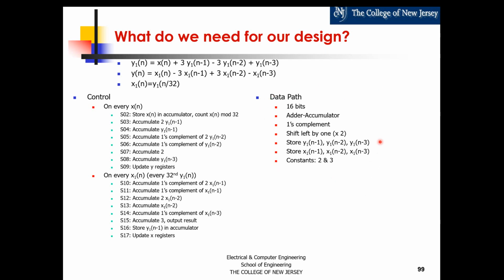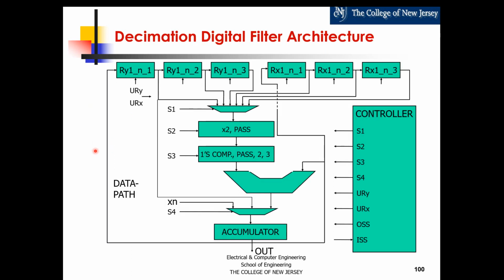So when I put that together and I understand the sequence and the data flow as specified by my state sequence, I can put together a block diagram. So this is my accumulator. This is my adder.